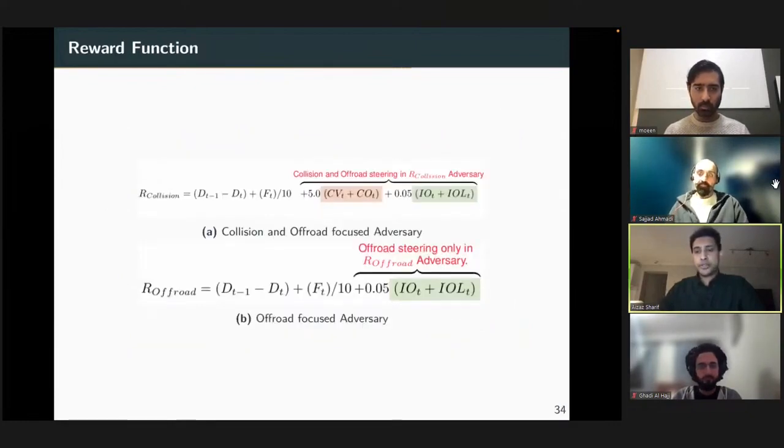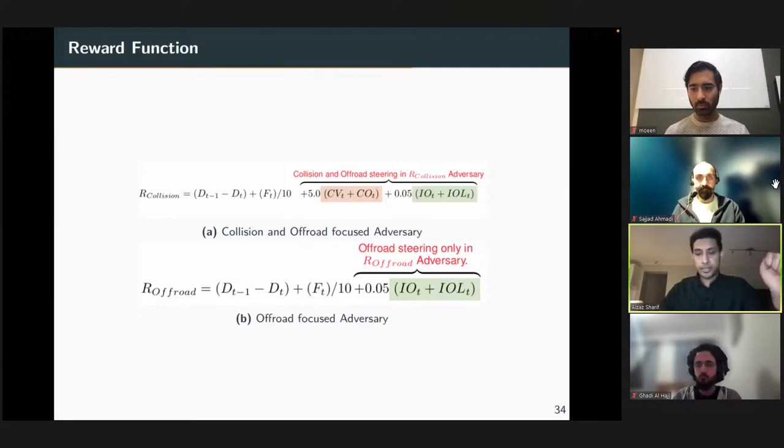As for the reward function for the adversarial agent, you might be wondering why there are two different types of reward function for training the adversary. It is because we are proposing two different kinds of adversarial agents. One can think about what is the better way of training an adversarial driving agent. The first option that comes to mind is to train an adversarial agent with the notion of causing more collisions. So the moment it sees a self-driving car, it tries to collide with it, but that is not very realistic.